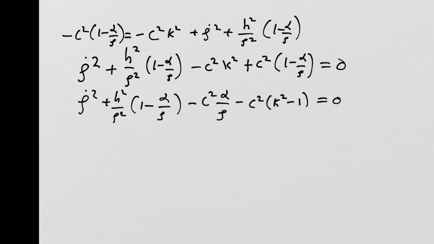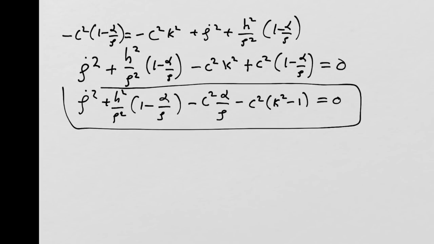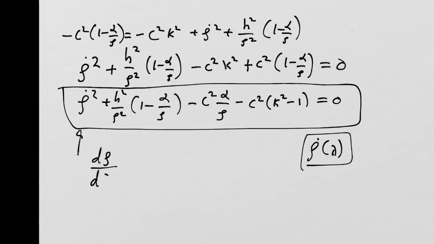Phew. Okay, so this here is a differential equation for rho of lambda. It's an ordinary differential equation for rho of lambda, right? This first one here is d rho d lambda squared.